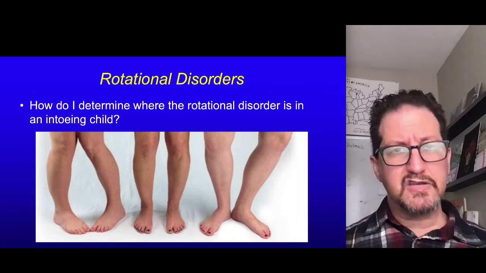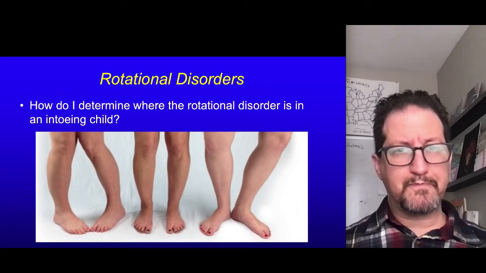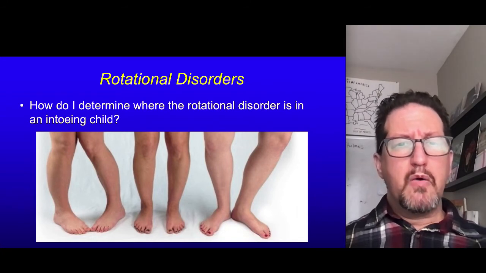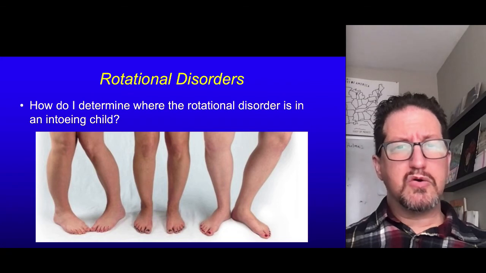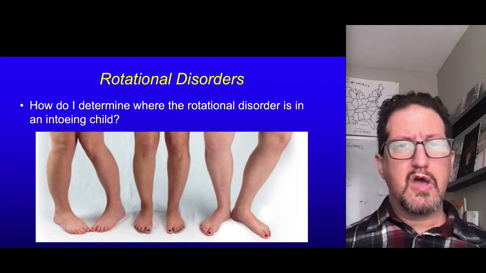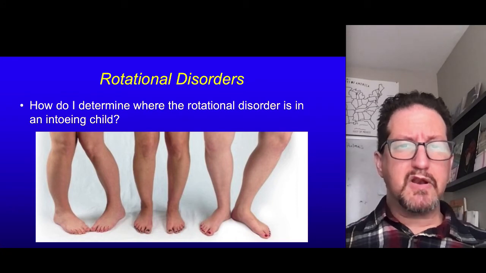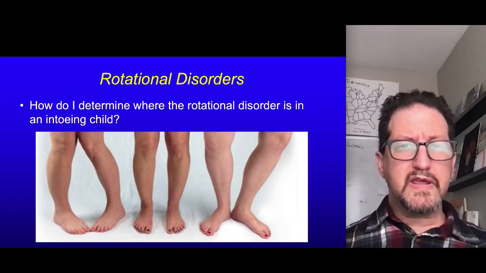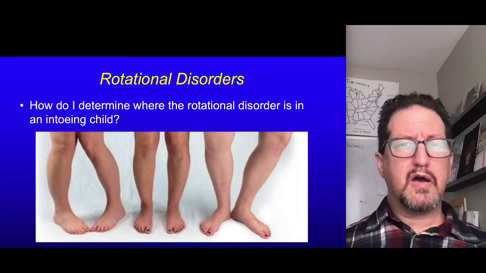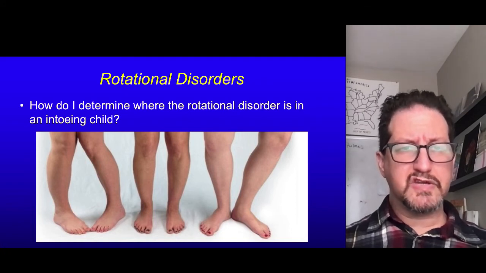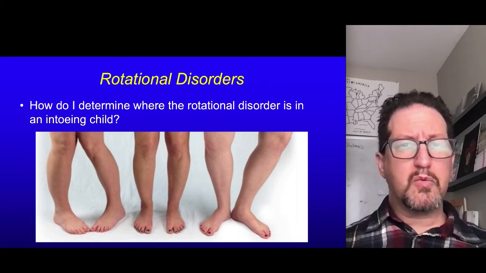And then the second is going to be about compensation. So I have a couple of pictures here that show different rotational disorders. The legs and feet in the middle are essentially normal. There's slight pathology. So let's start with that.